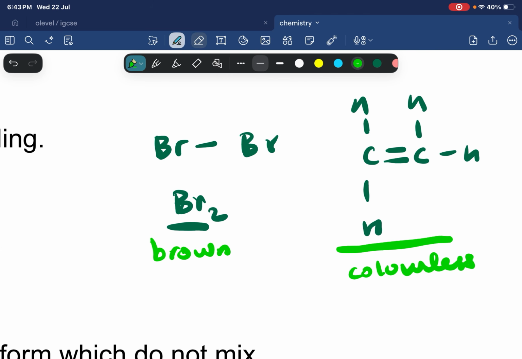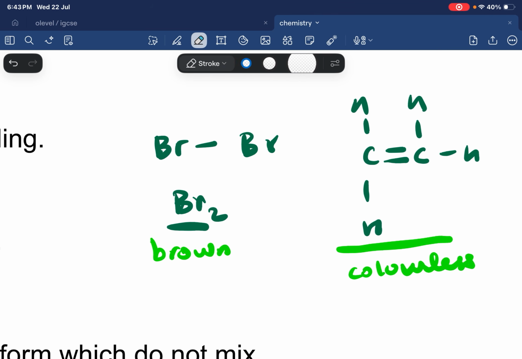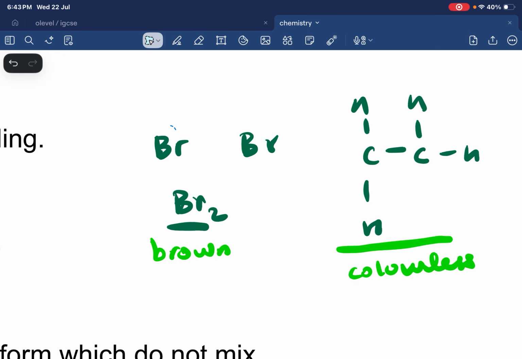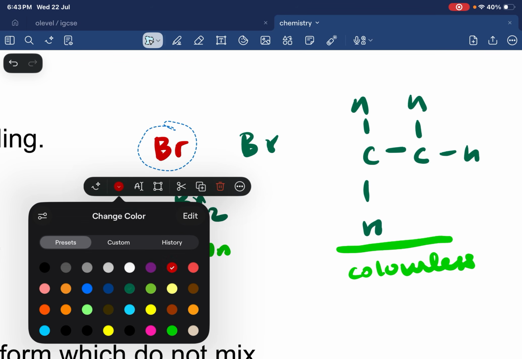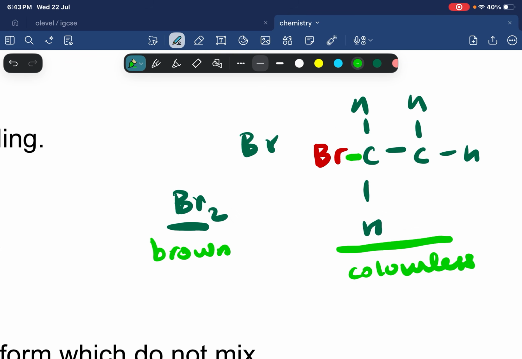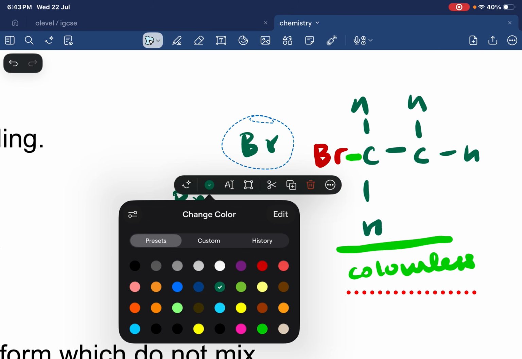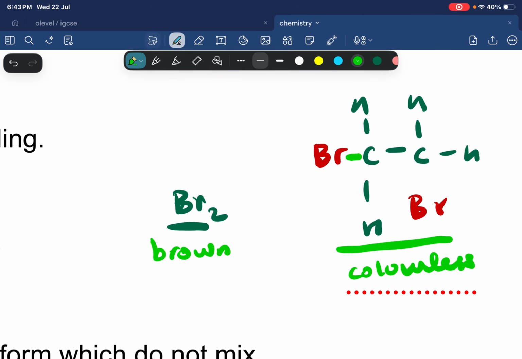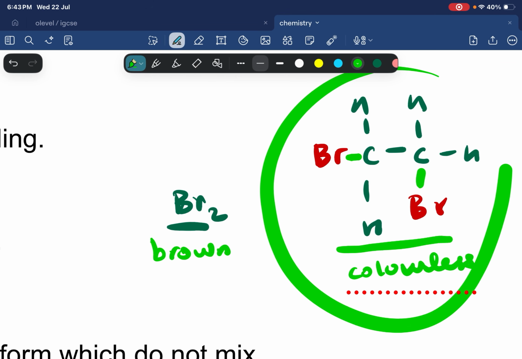What's going to happen is that when this bond is going to break and this bond is going to break, and then this bromine, let me give it a different color, red, is going to attach here to this carbon, and this bromine right here, let me also give it red color, is going to attach to this carbon. And this entire thing, this 1,2-dibromoethane, is going to be colorless.